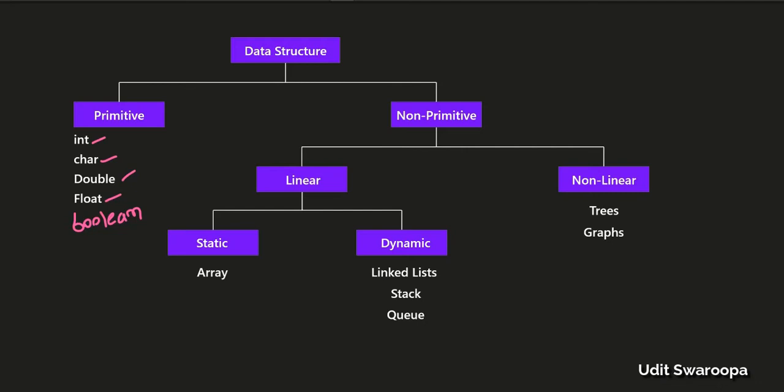For example, suppose there is something called A which is linked with B, then you can call it a linear relationship. Whereas in non-linear data types we have a somewhat complex arrangement. There is a complex arrangement between them.